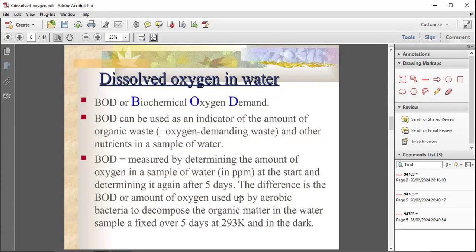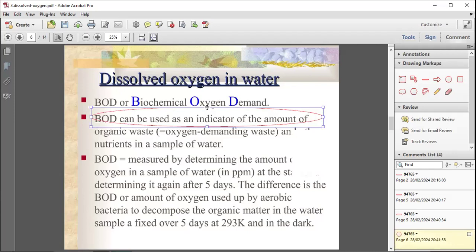You already see BOD. It indicates the amount of oxygen, organic waste. So this is the important thing. The amount of BOD can be an indicator of the amount of organic waste, right?